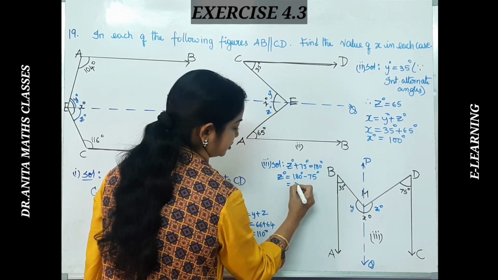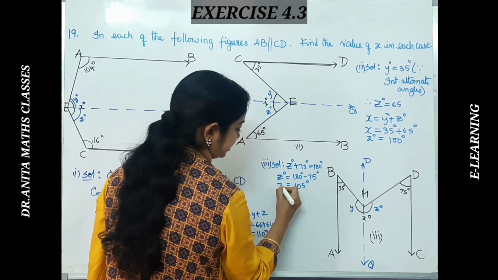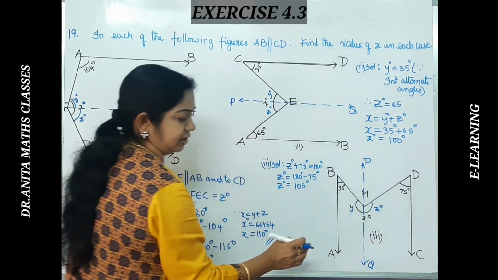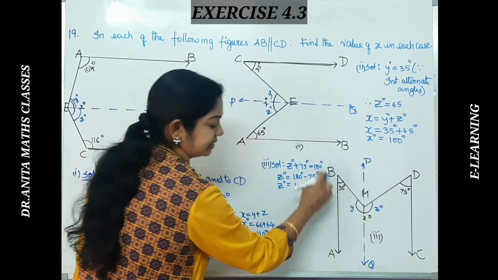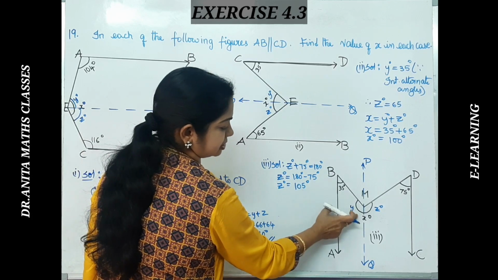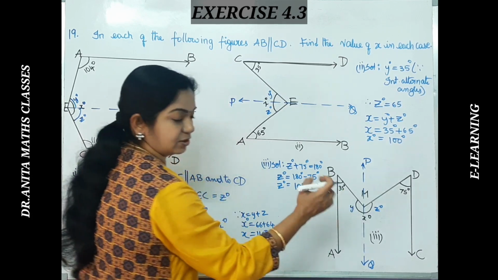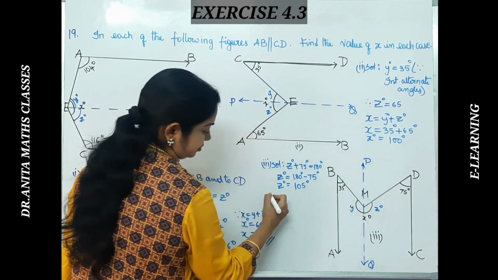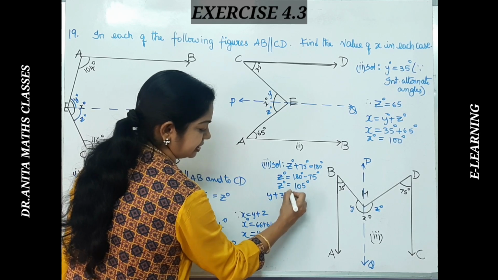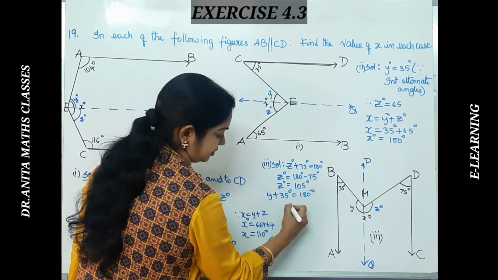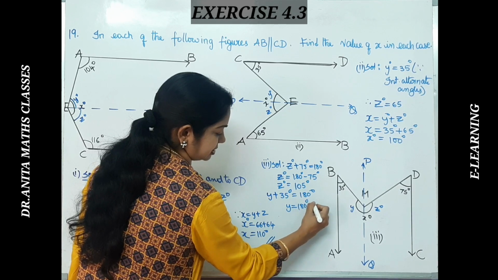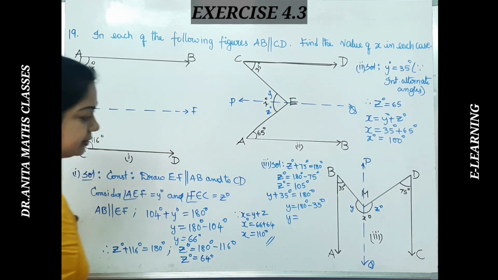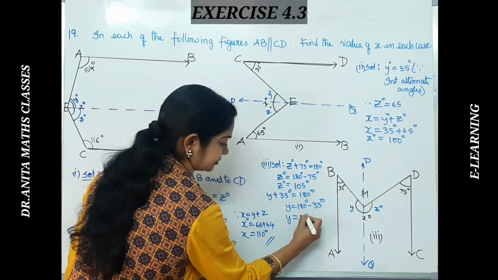So that comes to 105 degrees for Z. Now we'll find Y. Here, considering AB is parallel to PQ and BM is the transversal, these two form the interior angles on the same side of this transversal BM. So they are supplementary. So Y plus 35 degrees is equal to 180. From this we find 180 minus 35. So the Y angle we get is 145 degrees.